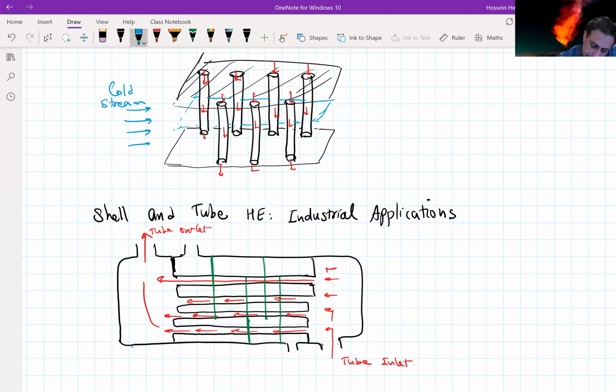So what happens here is, let's say, the cold stream, this is the cold fluid inlet, or let's call it the shell inlet. The flow gets in, comes here, continues the movement, goes around, continues the movement.